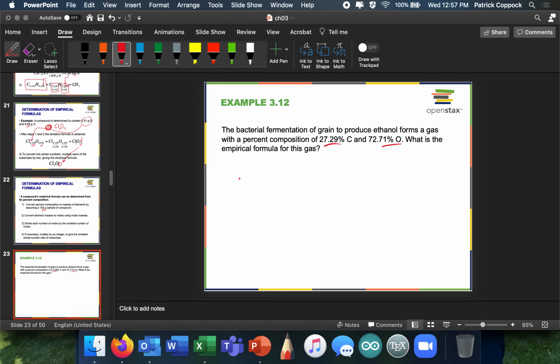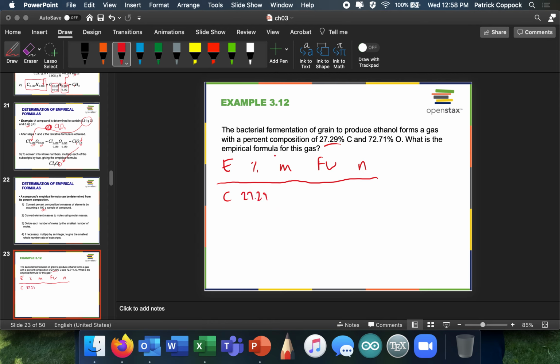So I'm going to say, let's start here with an element, percent, mass, formula weight, moles. So the first element's carbon, and the percent is 27.29.